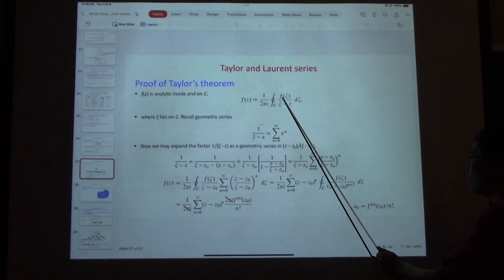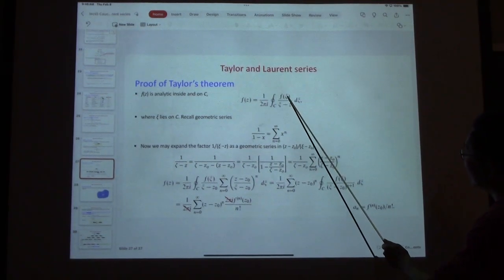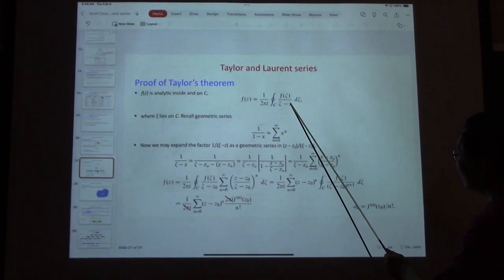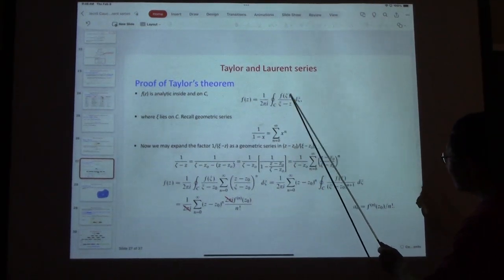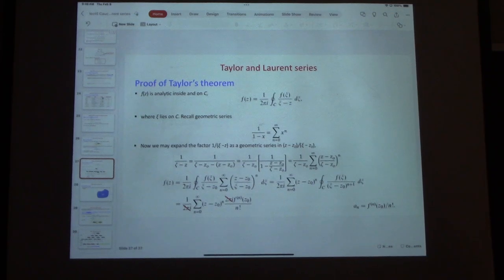The integrand here is f at the integration point, call it zeta, divided by zeta minus z. This z corresponds to that. This zeta is the integration point, and there is a prefactor of 1 over 2 pi i. So how do you prove it?